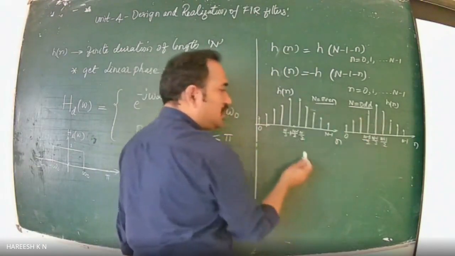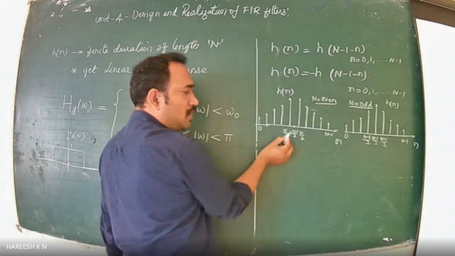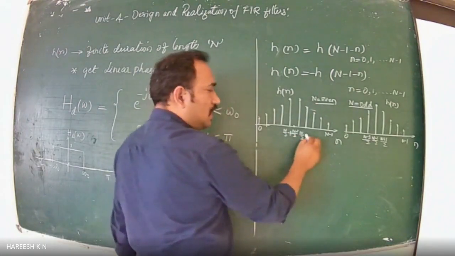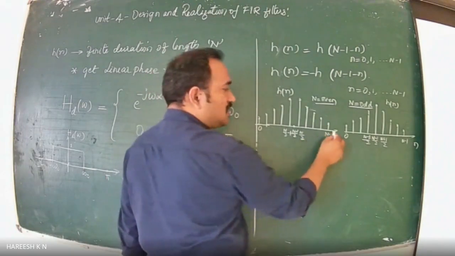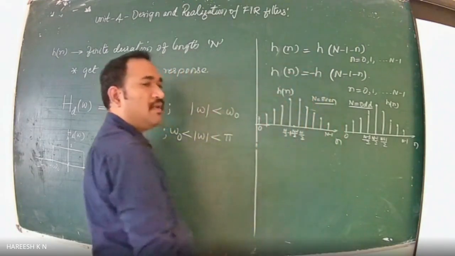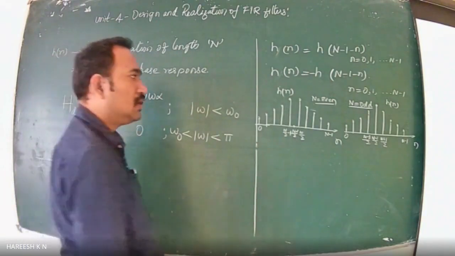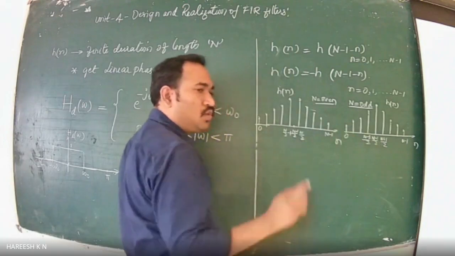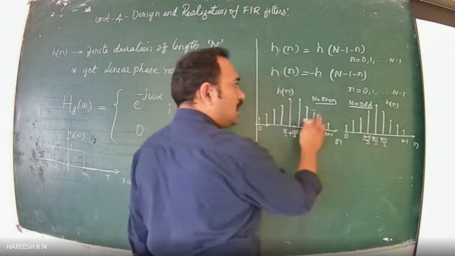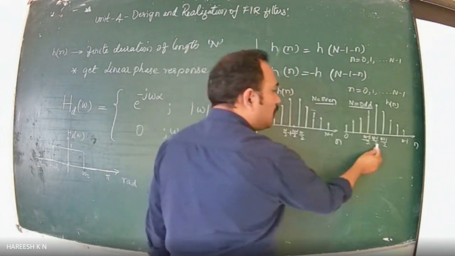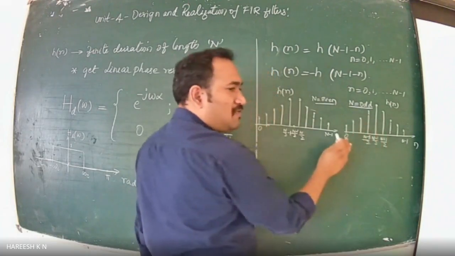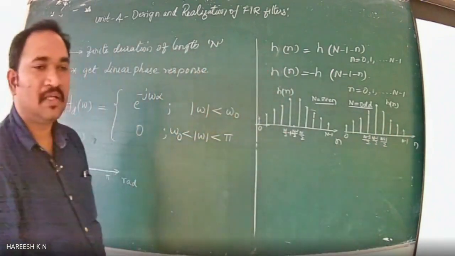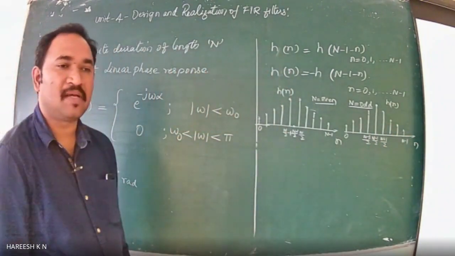Later on it is n by 2 minus 1 plus 1, that is n by 2, then n by 2 plus 1 next, n by 2 plus 2, n by 2 plus 3. Likewise, the (n minus 1)th sample, right? This is how the symmetric impulse response will be for the two different types, n even and n odd, with its corresponding midpoint, one sample before the midpoint and one sample after the midpoint, and the final sample at n minus 1, isn't it?